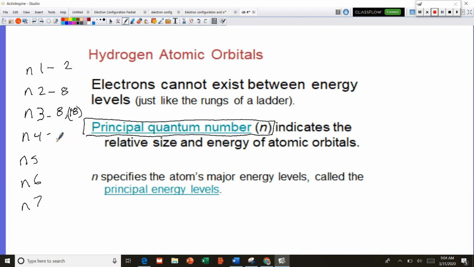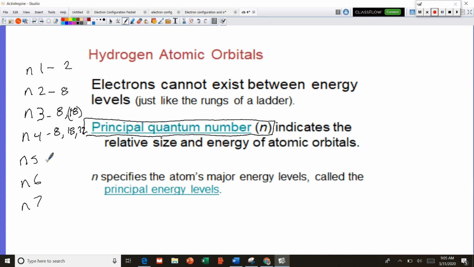N4, and I'm only going to do up to N4 for right now, but we can have 8, 18, or we can actually go up to 32 on this energy level. And I'll explain how that works as we move on.